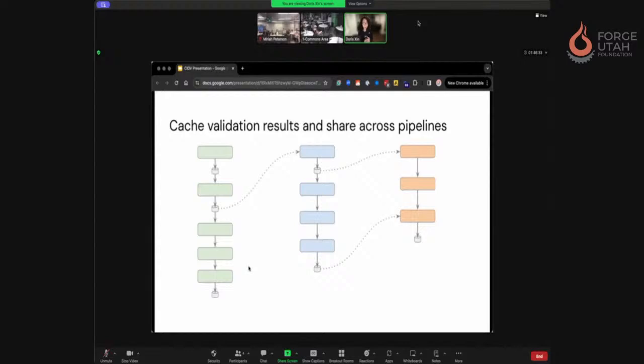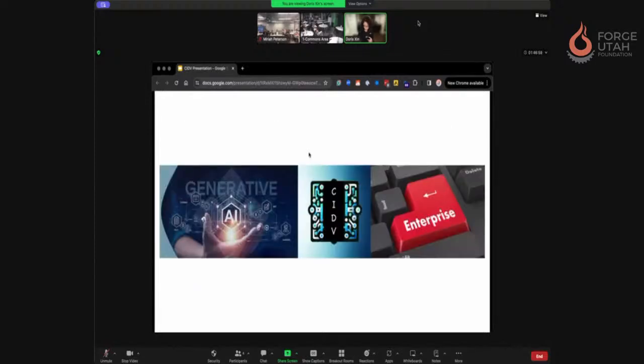A lot of these pipelines are working on very similar products and applications, so they are making similar or the same assumptions about the same data assets. So instead of running the same validation over and over again, we can basically cache these results.